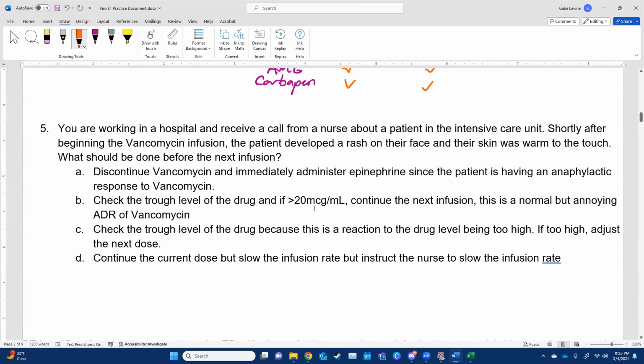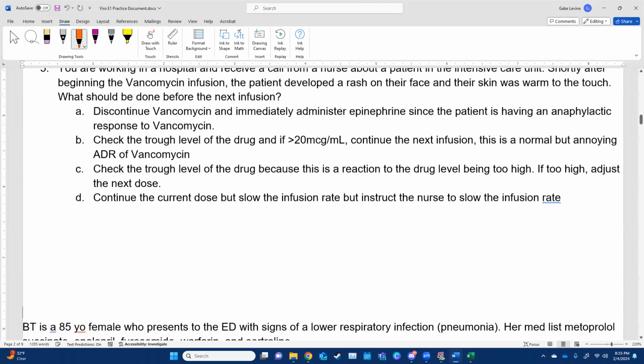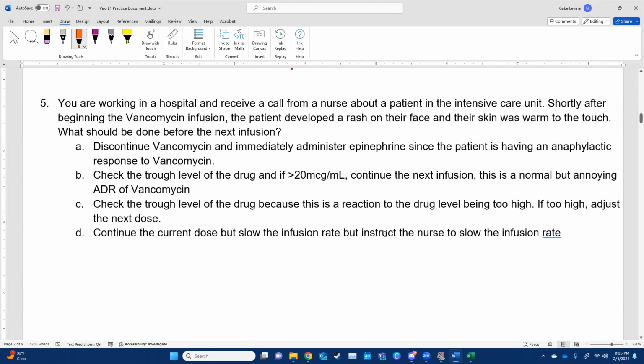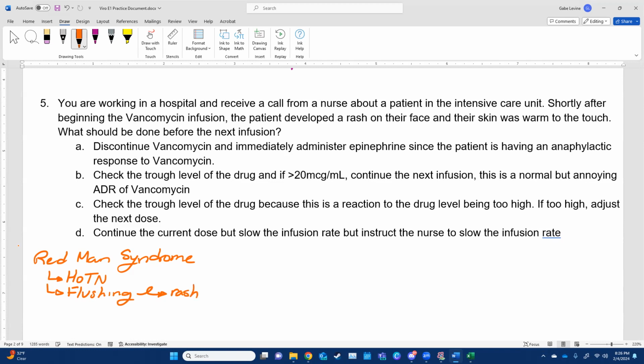If someone has a rash, does it necessarily mean that they are having an allergic reaction? No. So when I was looking through specifically the information that Rudolph gives on the red man syndrome, she talks about the hypotension, she talks about the flushing. And a lot of times what this presents as, or what people think, is that it looks like a rash.